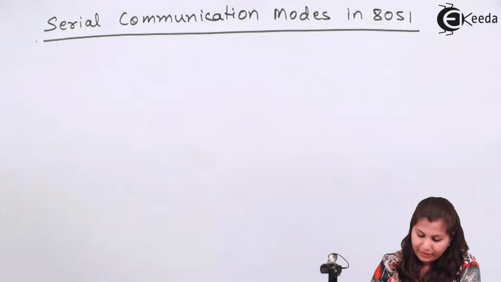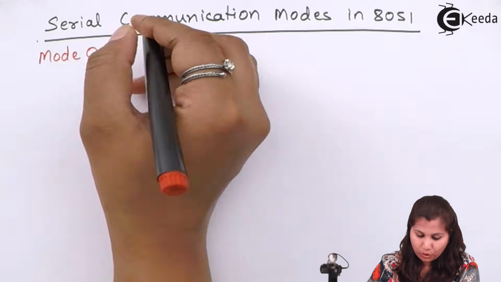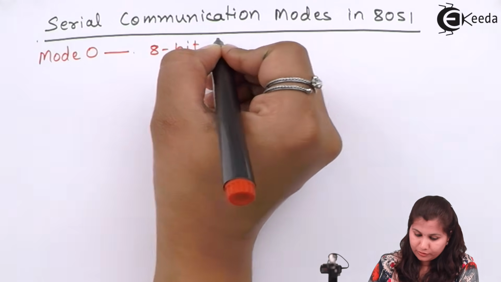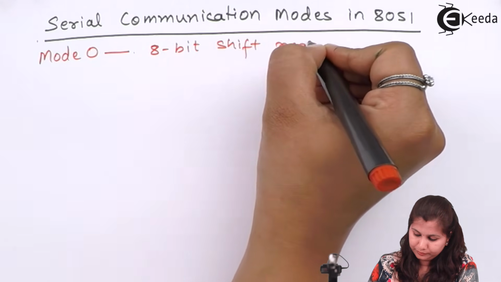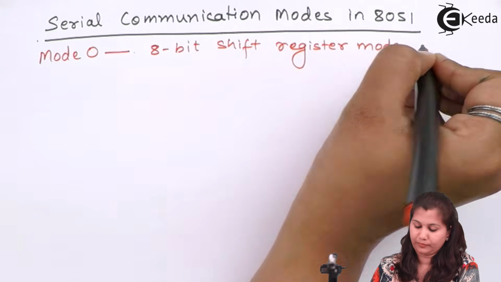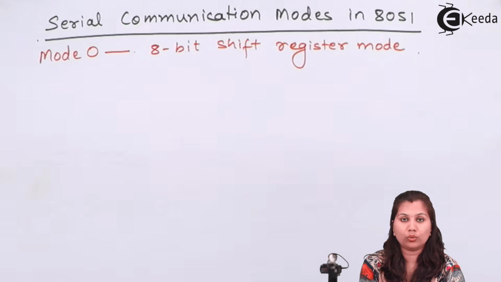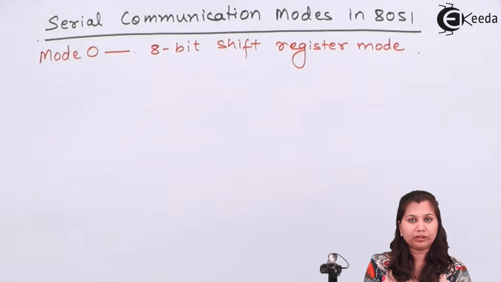The first mode we have is mode 0, which is also known as the 8-bit shift register mode. In this mode, the serial port runs in the synchronous mode. That means synchronous serial communication will be used.